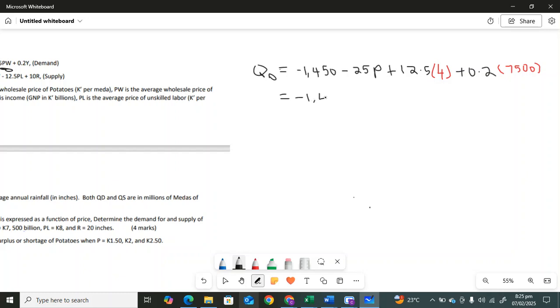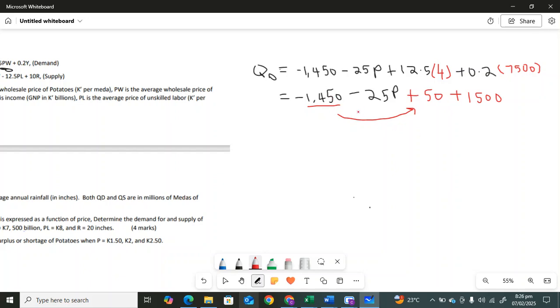Then 12.5 times 4, what do we get? 50, plus 1,500. Okay, 50 plus 1,500, that's 1,550, minus 1,450. Or you can say negative 1,450 plus 1,550, because they are like terms, so you add them together.